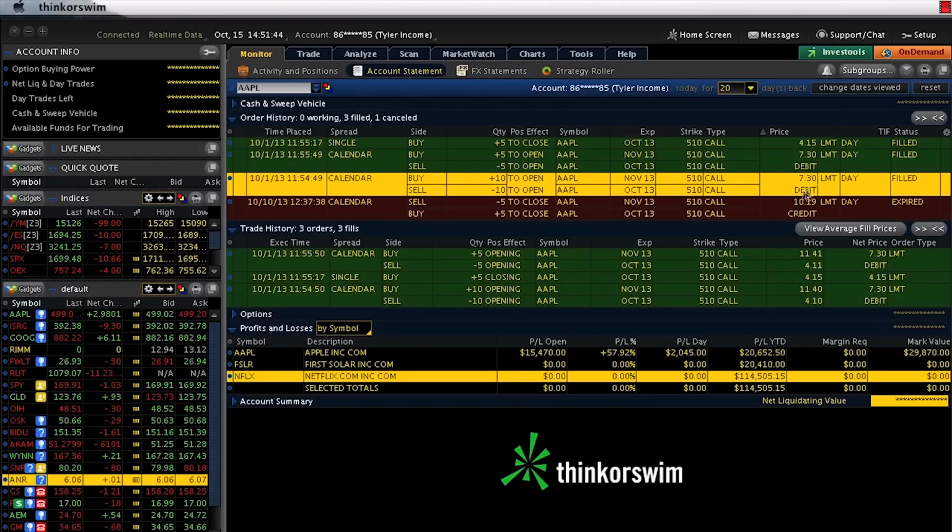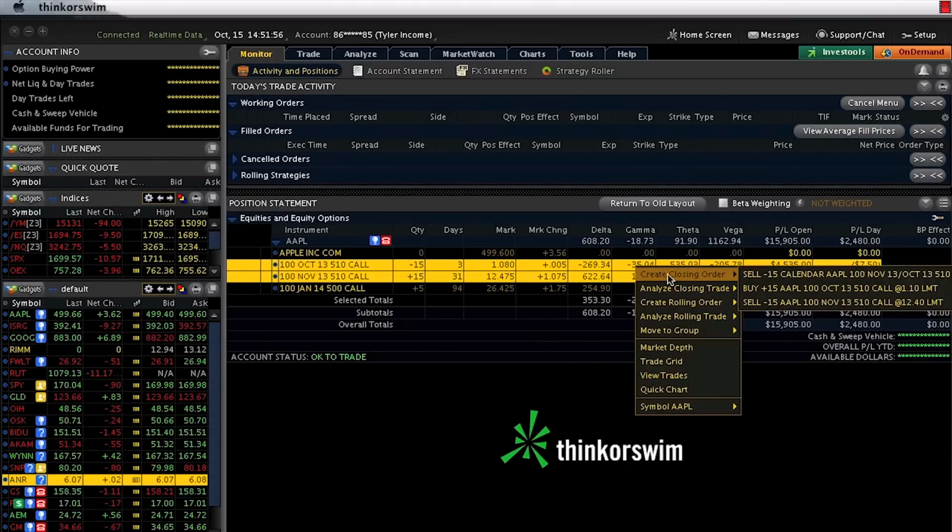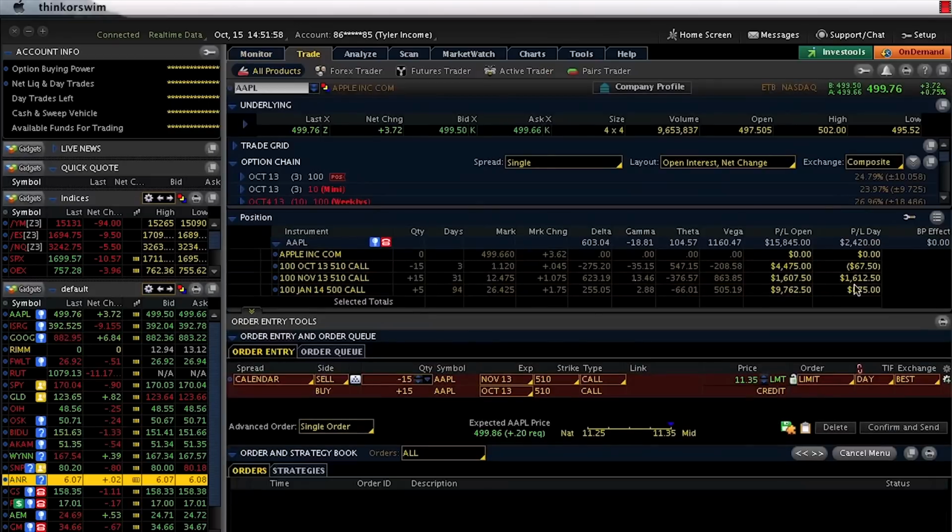This trade was a debit of $7.30 per contract, or really per leg, buying and selling, and now it can be sold. If I go to my account position, I can sell these today for $11.40, and I'm going to do that. I'm doing this for you here today.